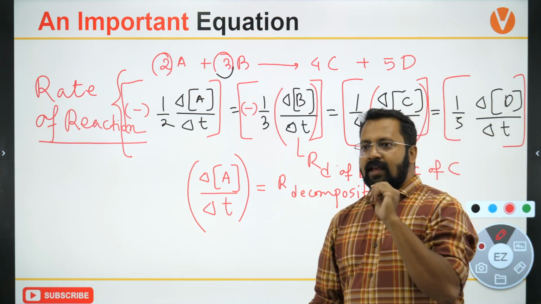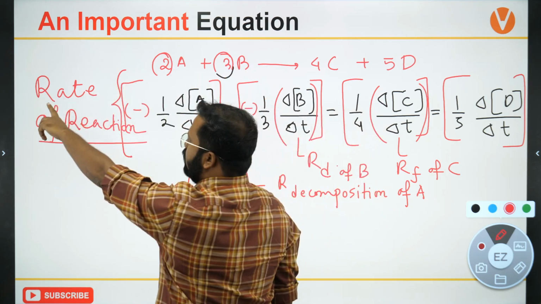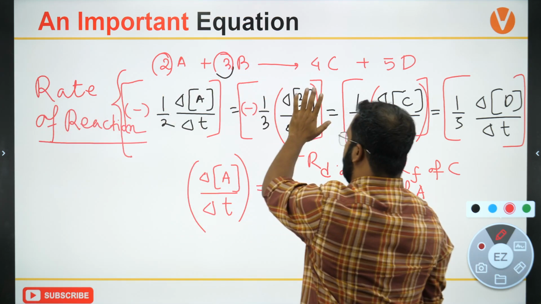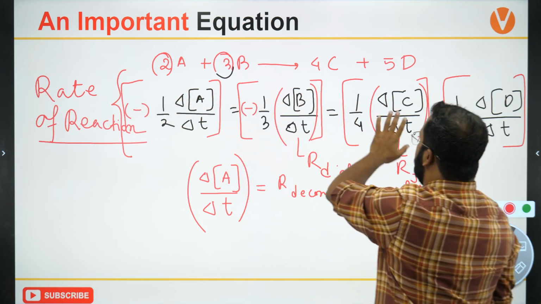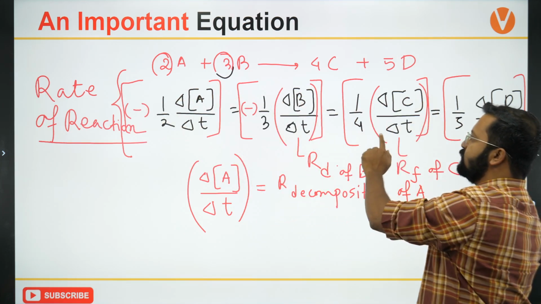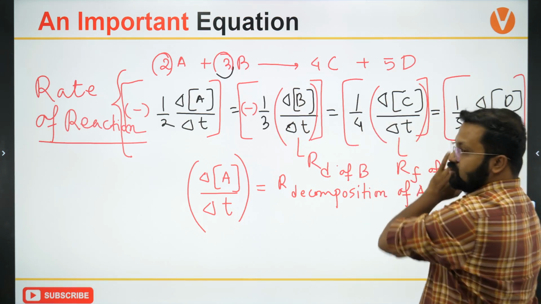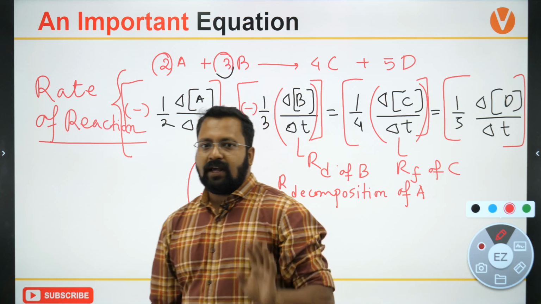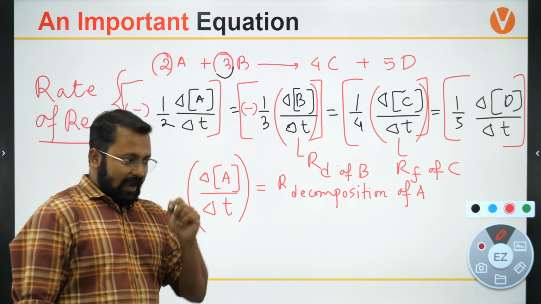Rate of decomposition of B is thrice of rate of reaction. Rate of formation of C is 4 times the rate of reaction, and rate of formation of D is 5 times the rate of reaction.